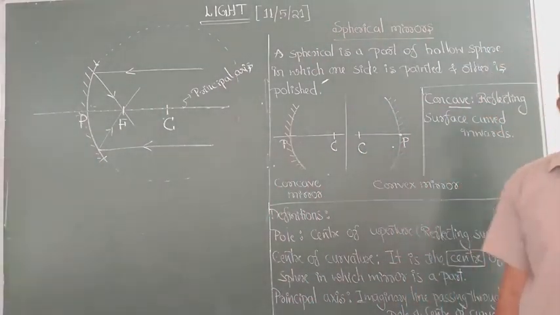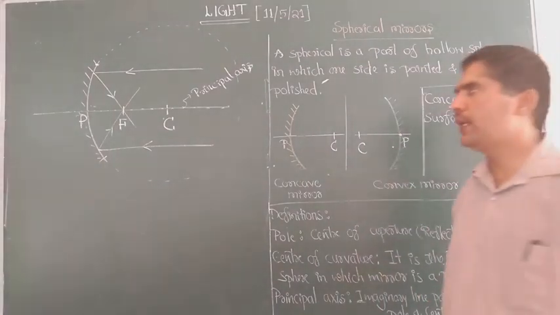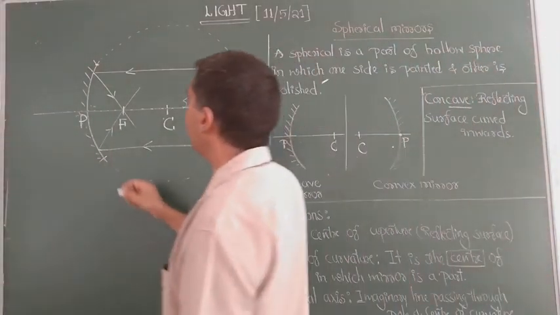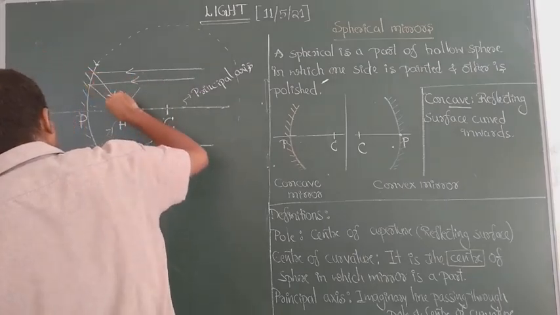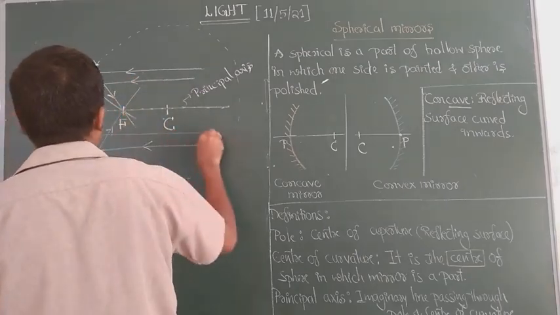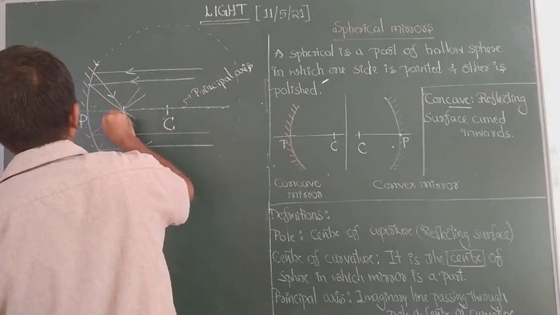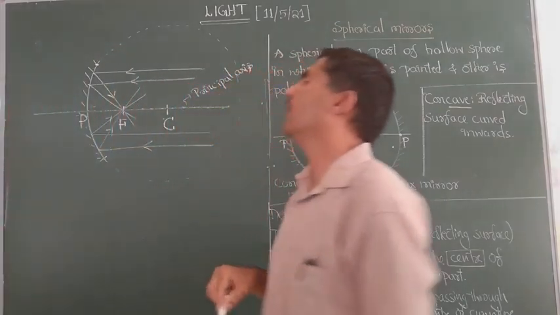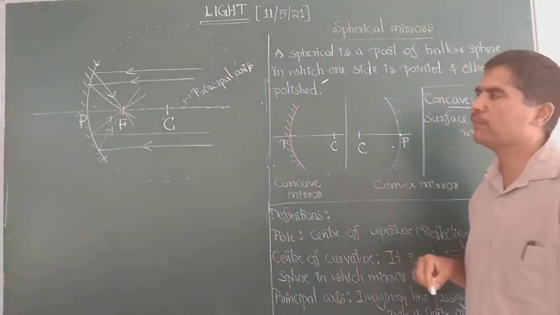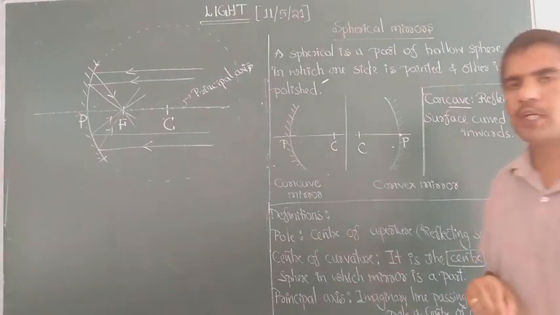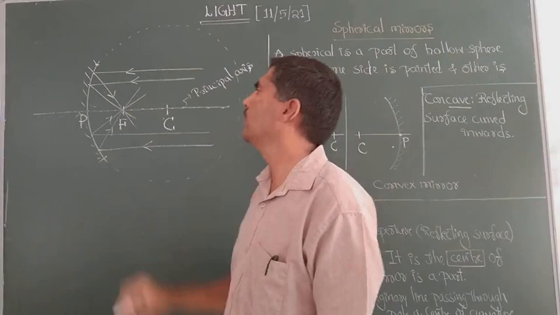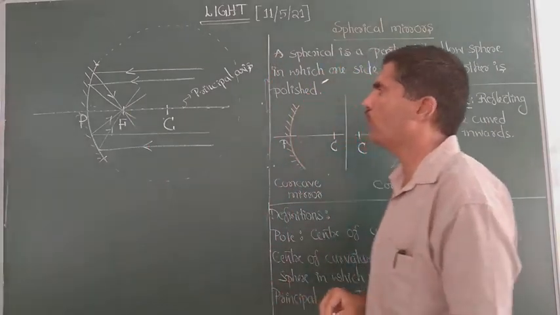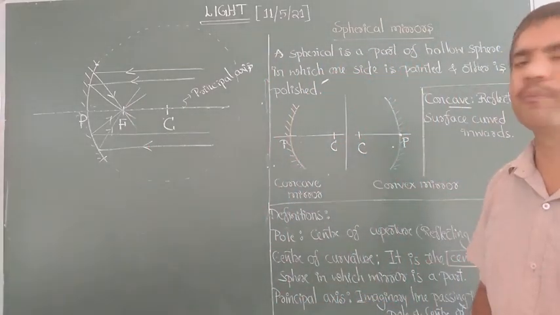Focus is a point on principal axis where parallel light rays coming from distant object meet after reflection. Meet can also be replaced by converge. Parallel light rays coming from distant object converge after reflection. That is called as focus of a concave mirror.